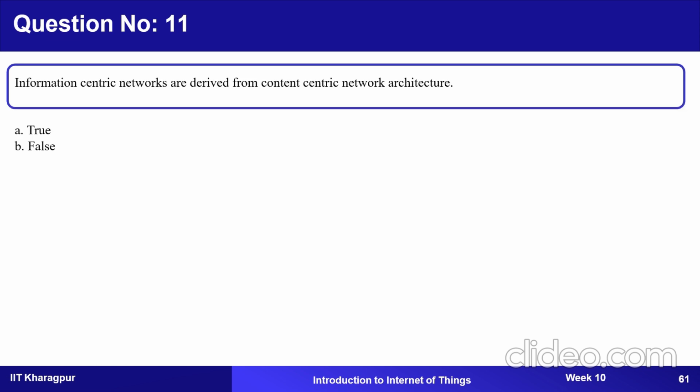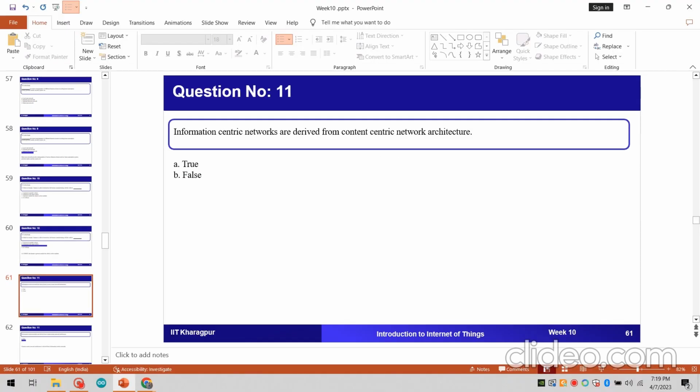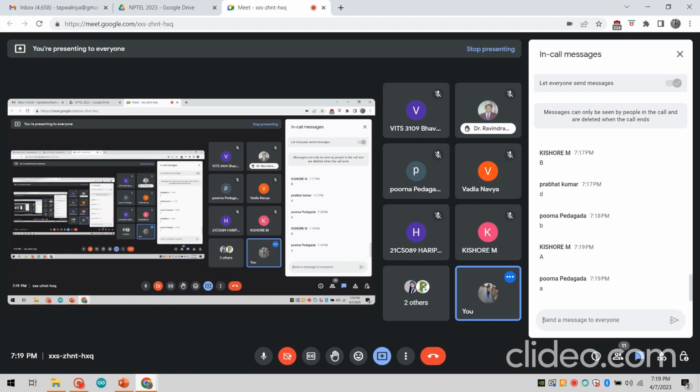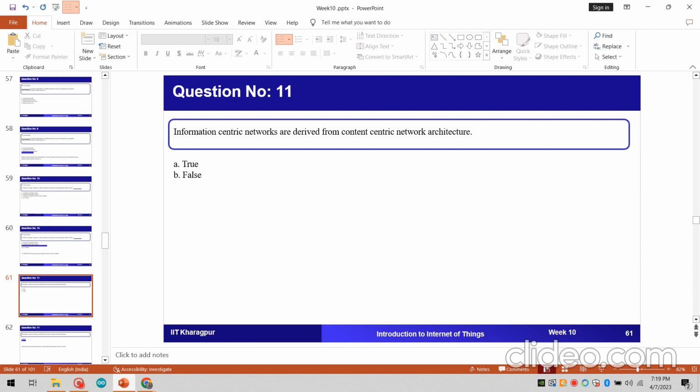Next question is, information centric networks are derived from content centric network architecture, true or false? True. I'm repeating the question.